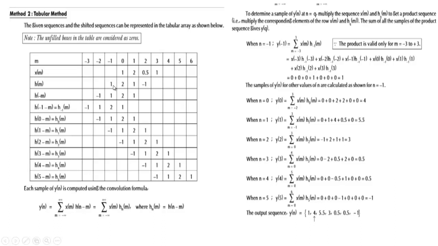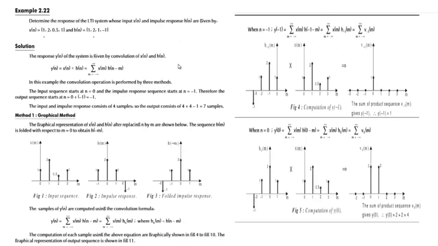So we should be doing this till we achieve 7 values. As you know, the length of the sequence in linear convolution should be L1 plus L2 minus 1, that is 4 values of this, 4 values of this, minus 1. So 7 values at the output should be found.